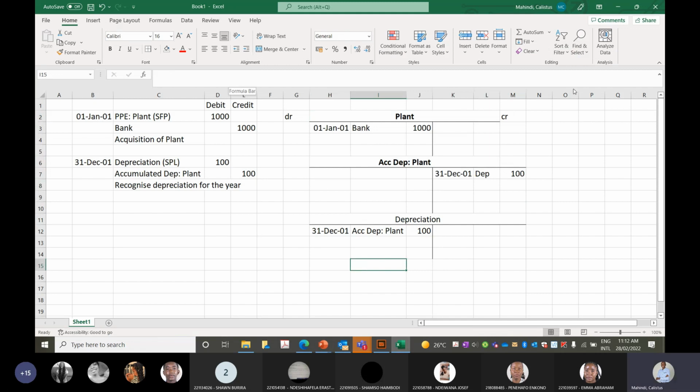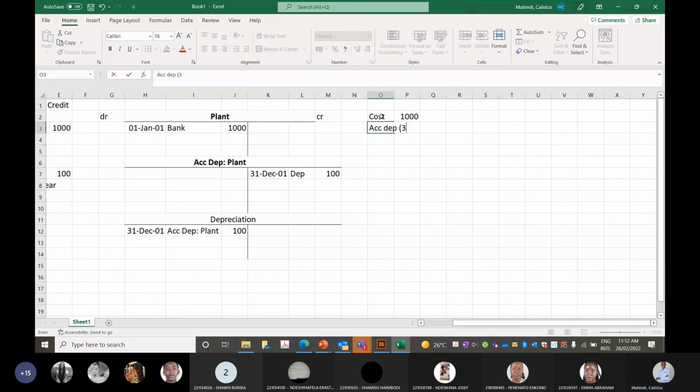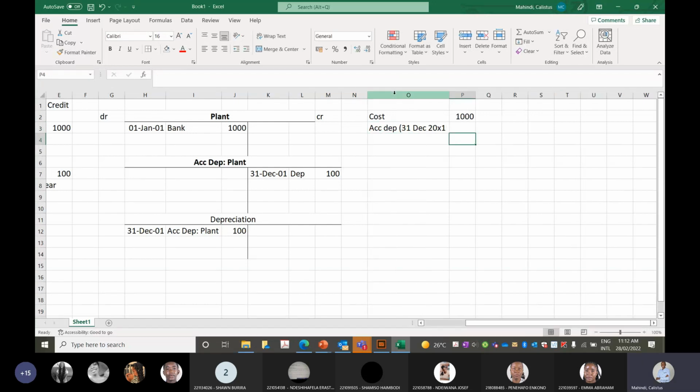Okay, so at 31 December 20x1, let me just do this for the plant as a whole. We have the cost price. The cost price was 1,000, and then we had accumulated depreciation at 31 December 20x1 of 100.